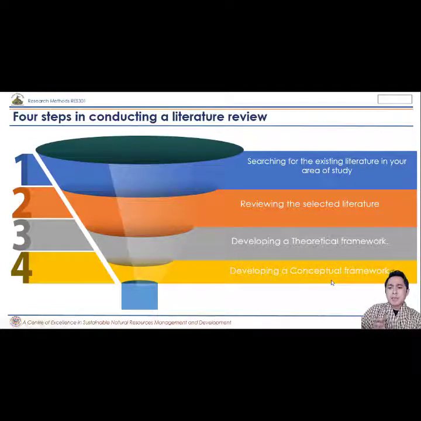So by reading selected literature on diversity of lichens, for example in India, you find that lots of topics are being discussed in the selected literature, and from there you list down all the topics, and then choose 1 to 2 topics that are very important for your study.